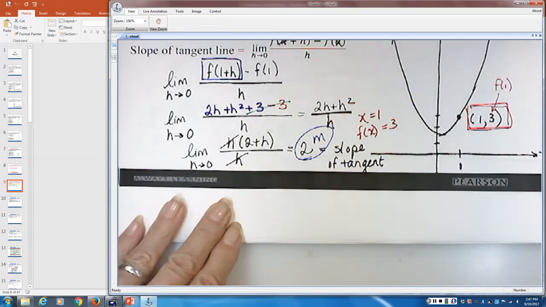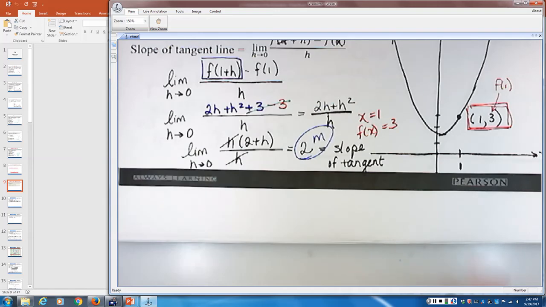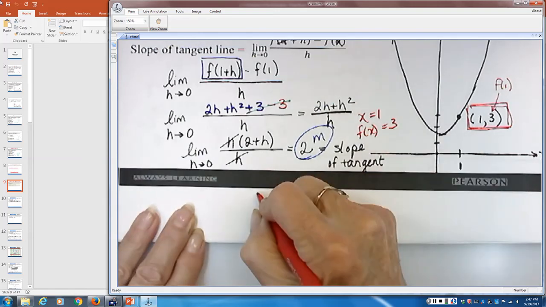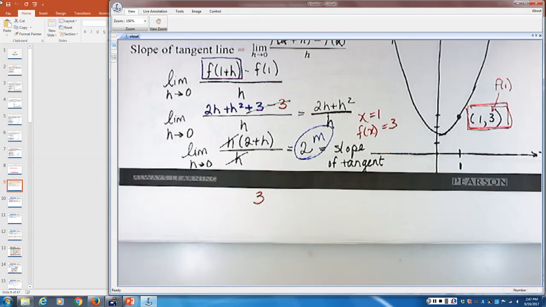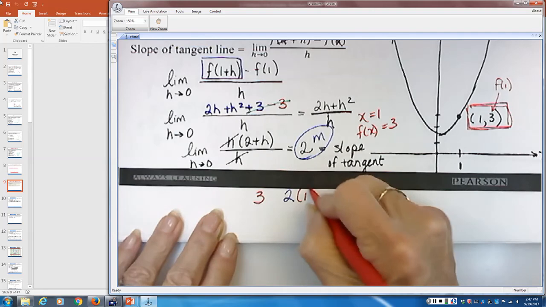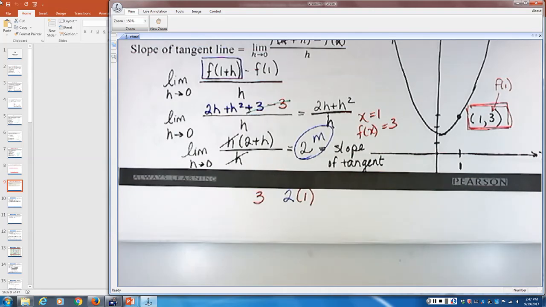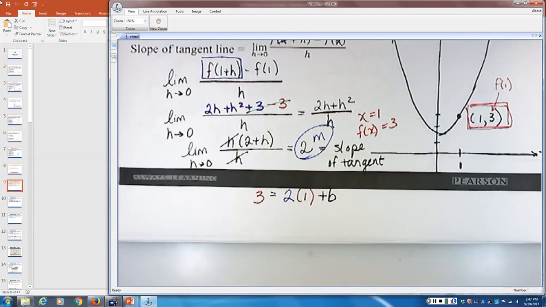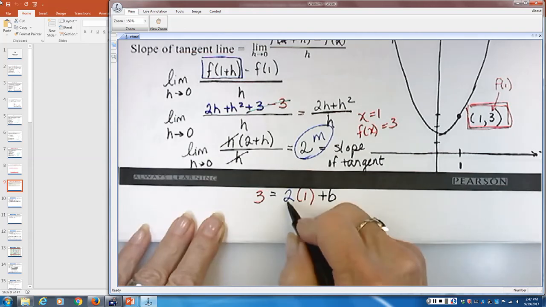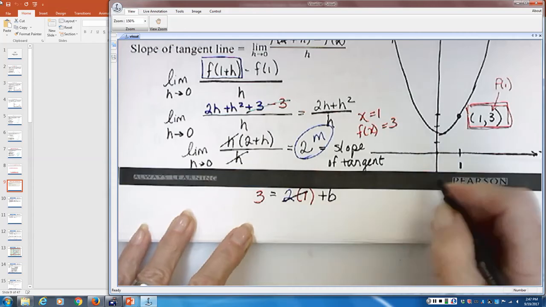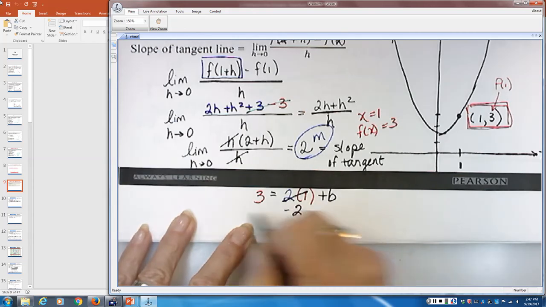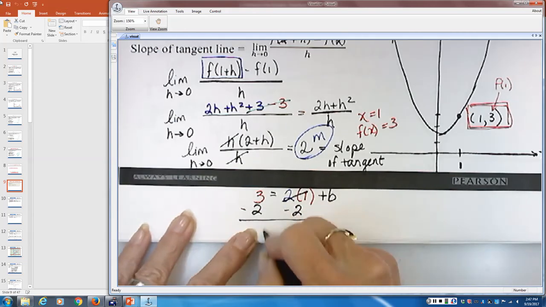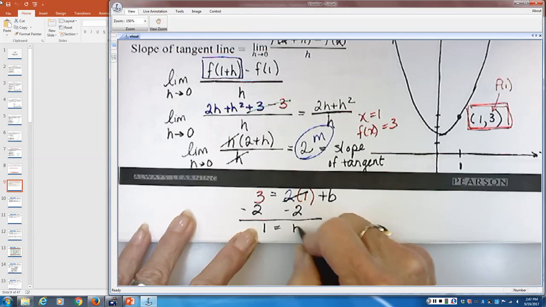So y equals mx plus b tells me that f of x is the y, that's 3, is equal to the slope, which is 2, times the x value, which is 1. And all I need to do now is find b, and guess what b is going to turn out to be? 0. Not quite, but close. Since this is 2 and we subtract 2 from both sides, b is going to equal 1.